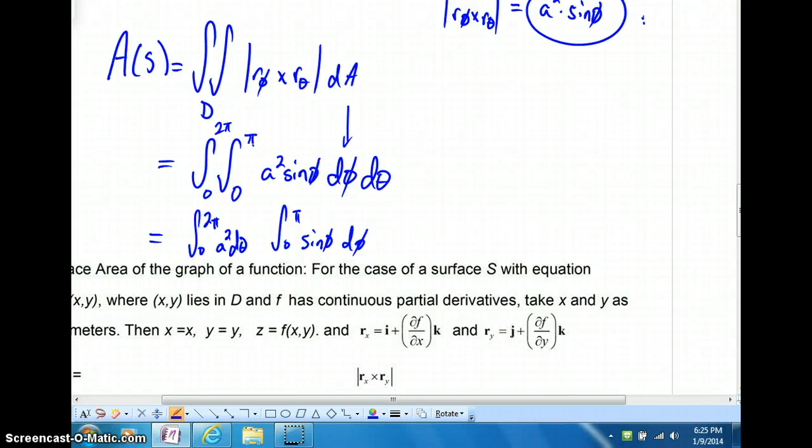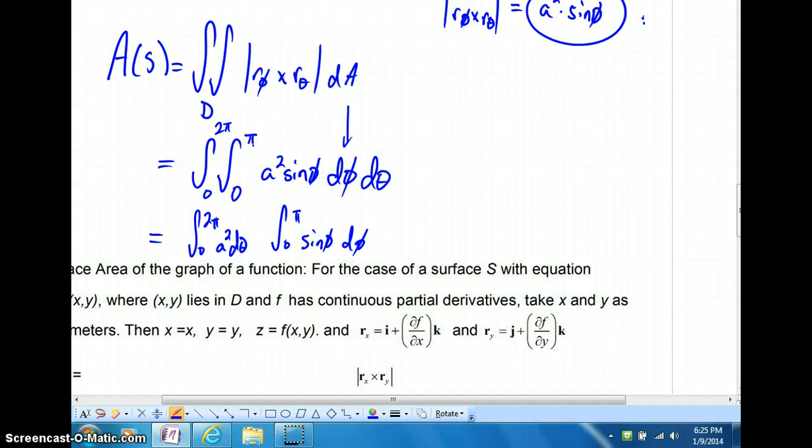Picking up where we left off in the last video, we were trying to determine the surface area of a sphere. We were given the equation in that example, and of course it looked like our radius was just a in general, but we've worked out the formula for the surface area with the double integral of the magnitude of the cross product of the partial derivatives.